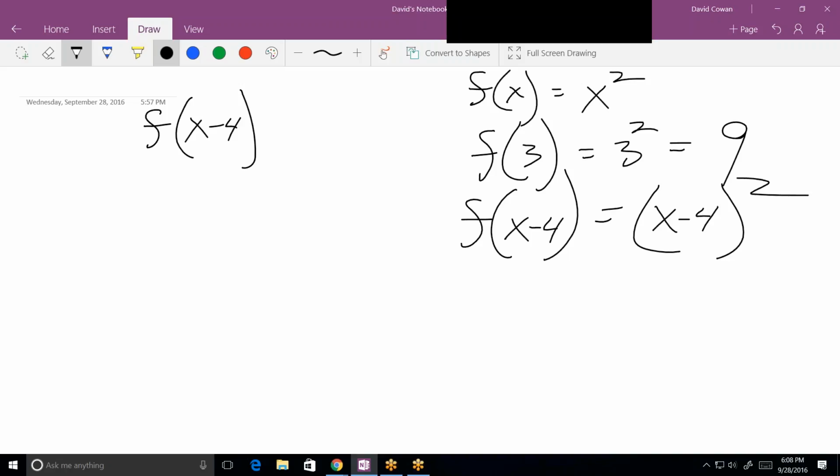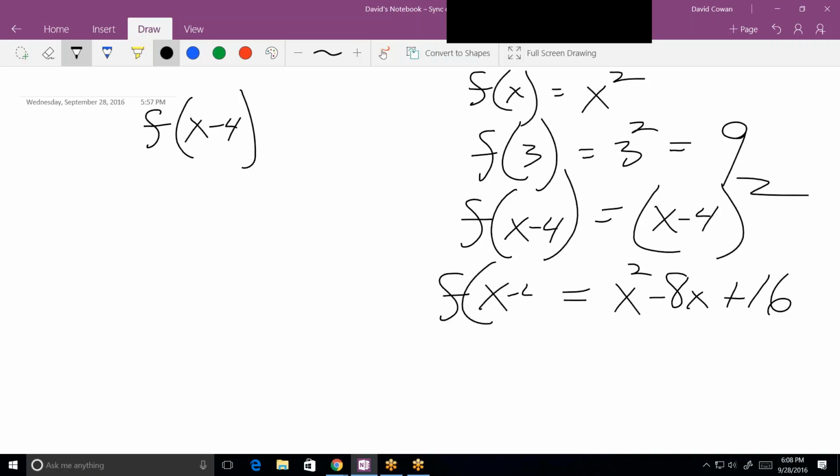Yeah. Okay. Now, that's not really a satisfactory answer. I have to multiply those two together. I have to multiply x minus 4 times x minus 4, and that gives you x squared minus 8x plus 16. So that's what f of x minus 4 would be in this problem, as long as f of x is that.